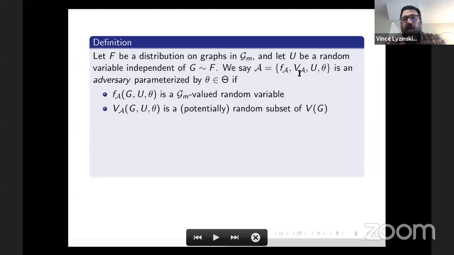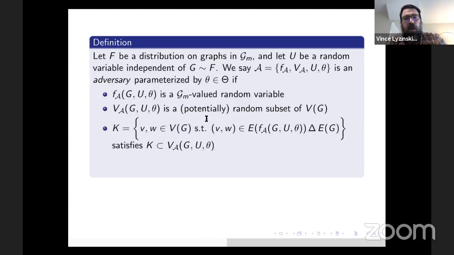It has this function V, which takes the graph, the independent source of randomness, and the parameter, and spits out a potentially random subset of the vertices of G. And these are going to be the vertices that get contaminated by the adversary. And then an important feature is this set, capital K, which is the set of vertices whose edge between them in some sense was contaminated.